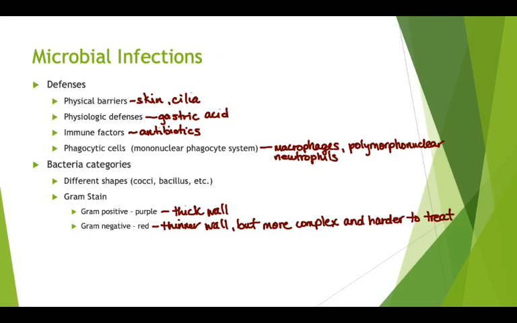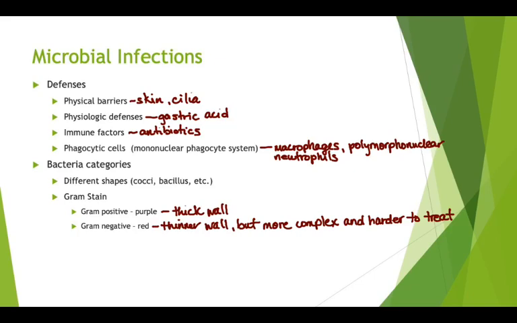The difference is that gram-positives have a much thicker cell wall, and gram-negatives have a thinner cell wall, but it's a much more complex type of bacteria, which makes gram-negative bacteria much harder to treat. The drugs have a harder time penetrating through the cell wall because it's a much more complex bacteria.